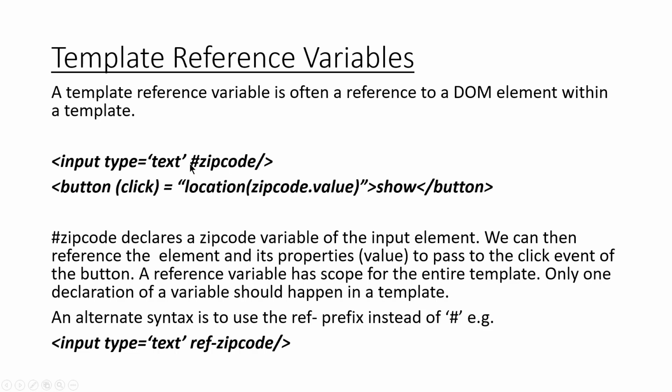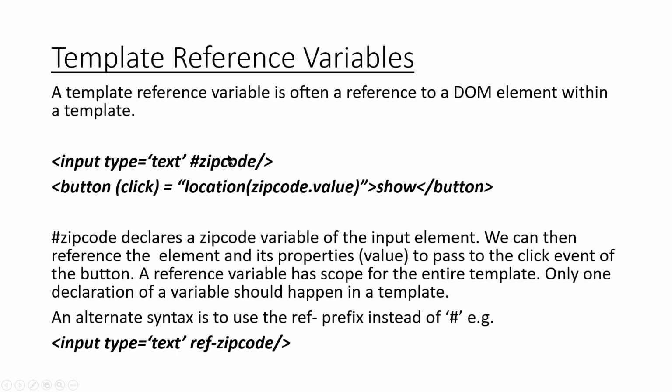We can then make a reference to this tag in code, when we have a function where we want to pass in the zip code. So zipcode gets a reference to the entire node item, and if we want to find out what the value of the input was, we would call zipcode.value.